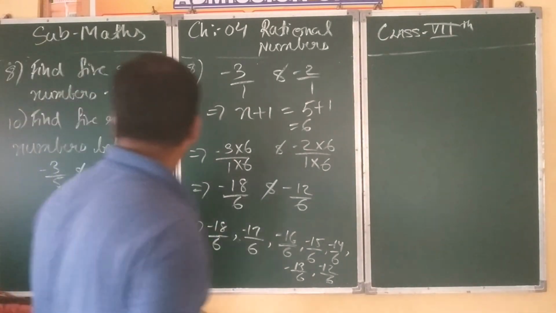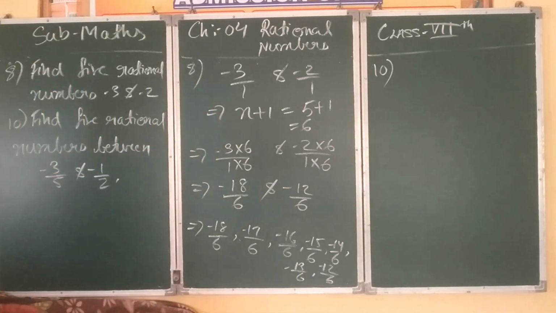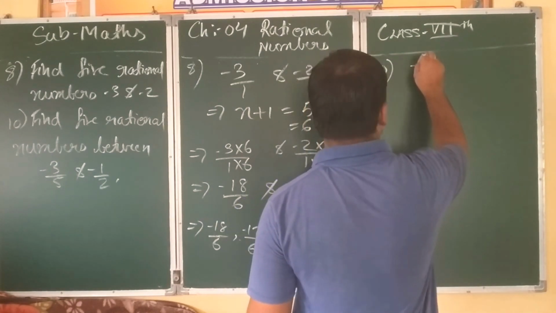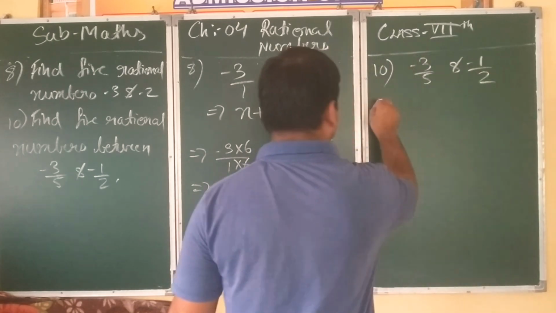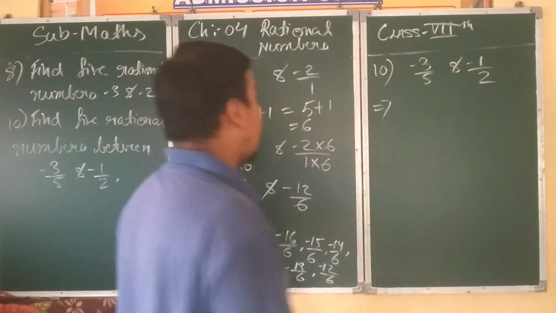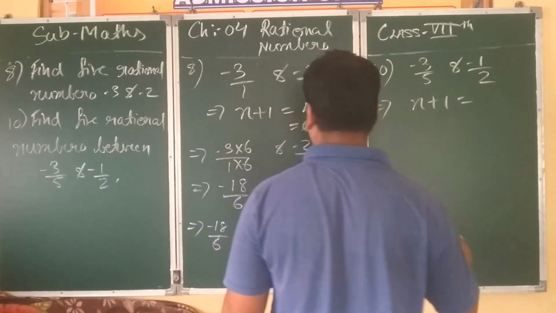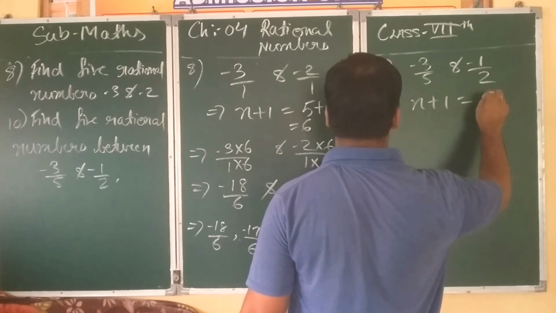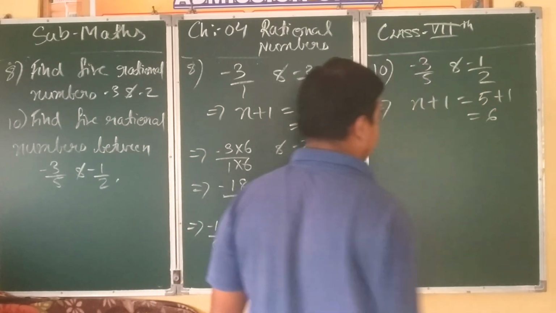Okay. One more example. Question number 10, you see. Find 5 rational numbers between minus 3 by 5 and minus 1 by 2. Now n plus 1 is equal to, n is 5 rational numbers, so 5 plus 1 is 6.